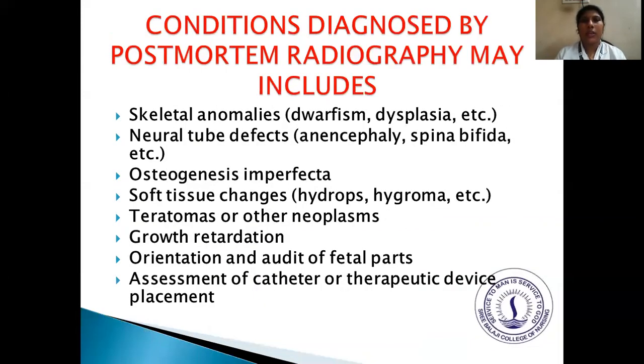So conditions diagnosed by post-mortem radiography may include skeletal abnormalities, then neural tube defect, that means anencephaly, then spina bifida, osteogenesis imperfecta, then soft tissue changes, hydrops, then hygroma, etc. Then teratomas or other neoplasms, then growth retardation, orientation and audit of fetal parts, assessment of catheter or therapeutic device placement.